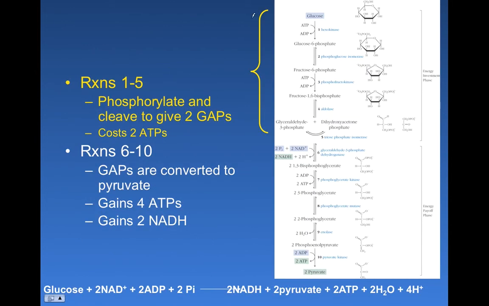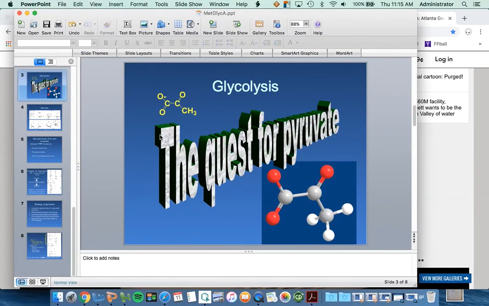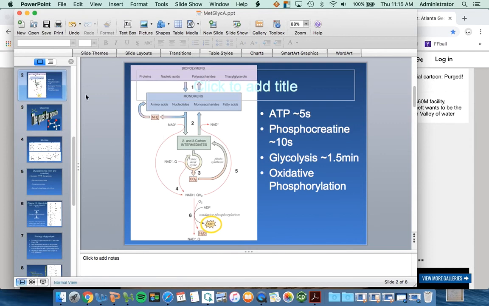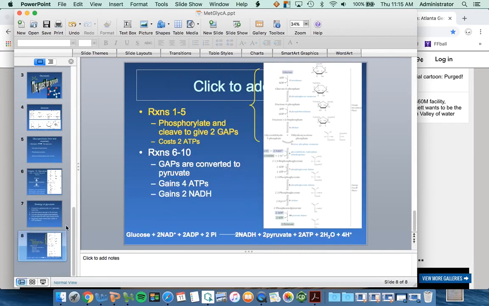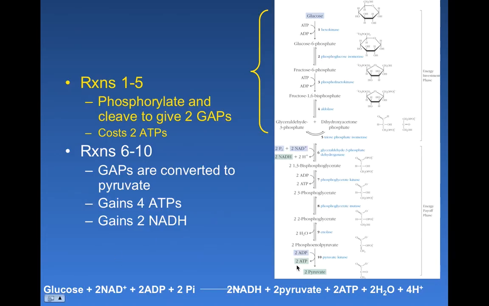So we've got our energy investment phase, where we're generating 2 glyceraldehyde 3-phosphate molecules, and it costs us 2 ATPs. And then we've got the energy payoff phase, reactions 6 through 10, where we're generating our 4 ATPs and 2 pyruvates as our final products.